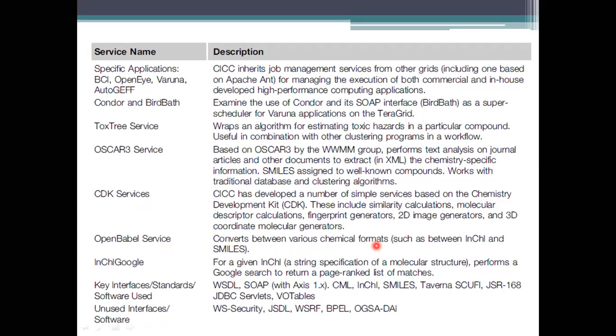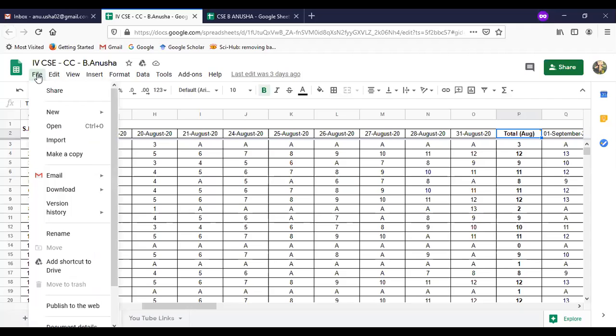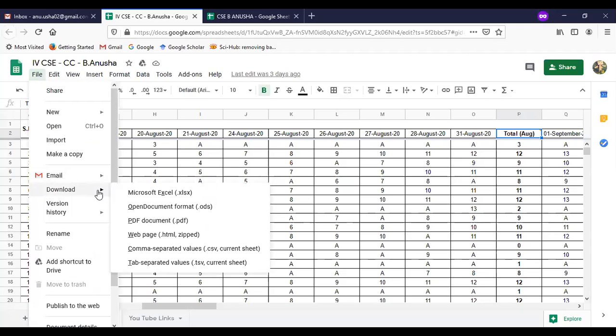We don't know what chemical formats we are using, so we are making things available with these chemical formats here. If you see this example, I want to download this sheet. If I want to download this sheet, it is providing me several options here. I am not simply downloading this one.